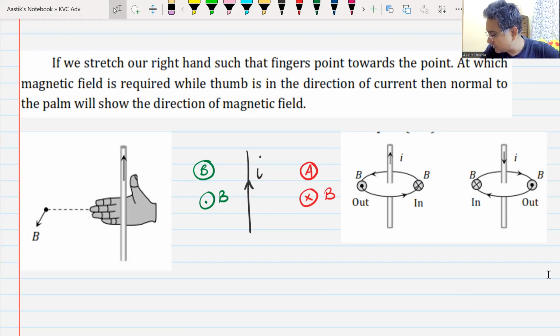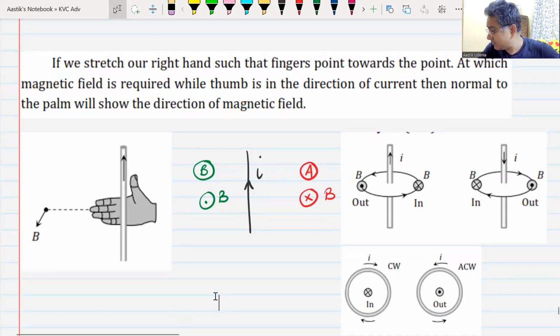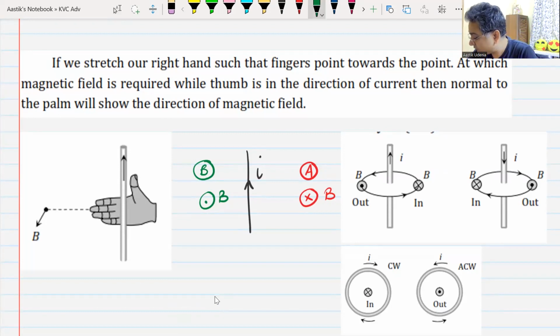The directions are reversed. This case A corresponds to that case A. Do we understand this? Yes, sir.